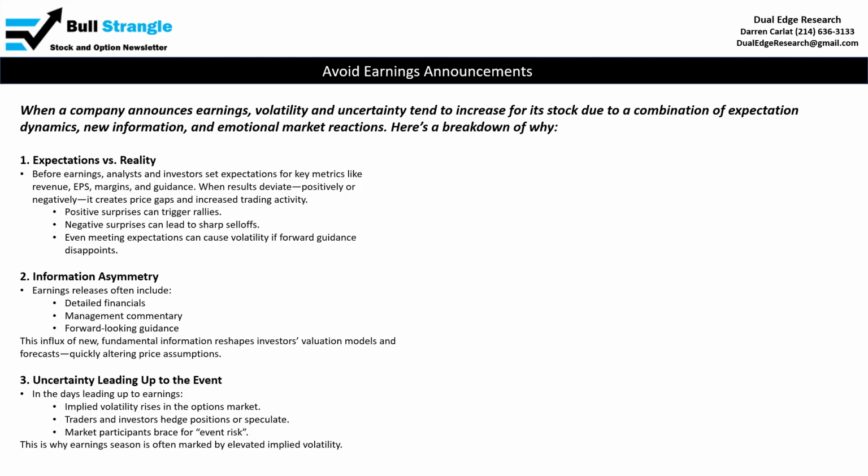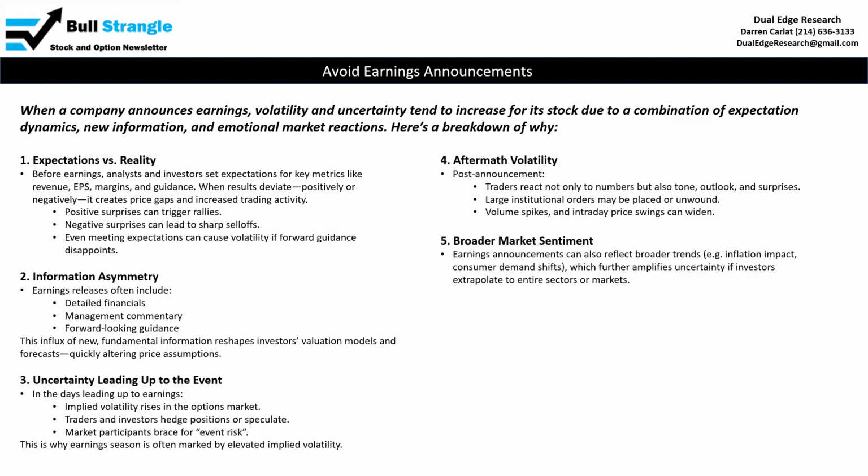Next is the uncertainty leading up to the event. In the days leading up to earnings, implied volatility rises in the options market. Traders and investors hedge positions or speculate, and market participants brace for the event risk. This is why earnings season is often marked by elevated implied volatility.